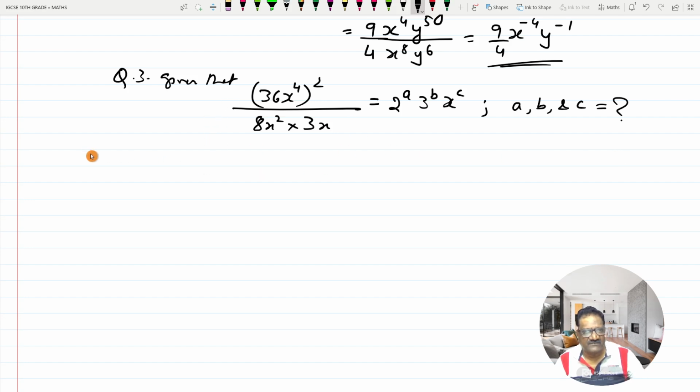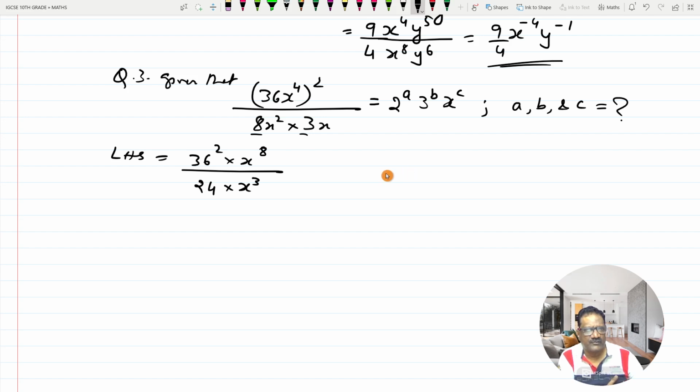So let us work out this. Left hand side is equal to 36 square into x raised to 8 upon, this is 8x square and this is 3x. So 8 into 3, let me write it as 24, and this x square into x, let me write it as x cube. Done.